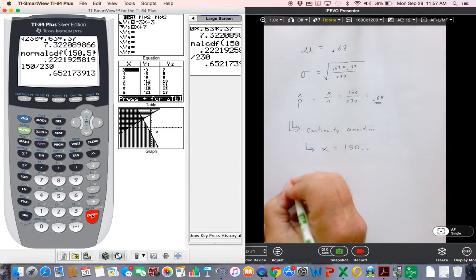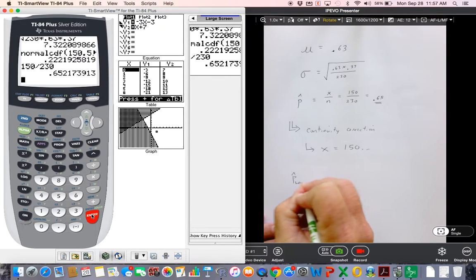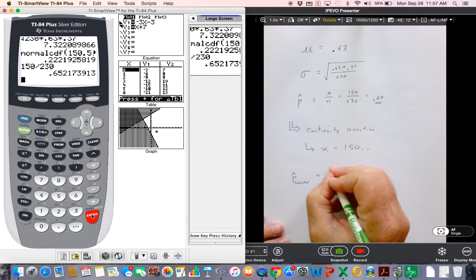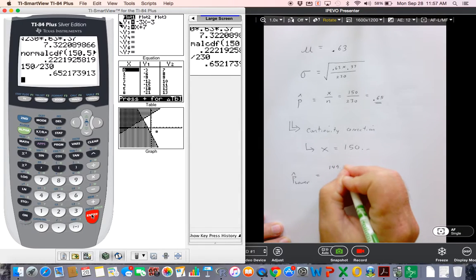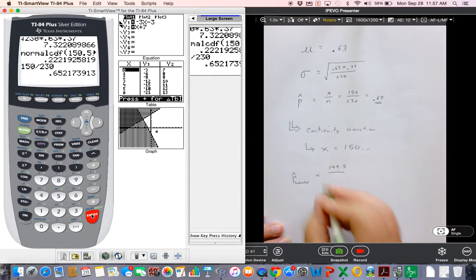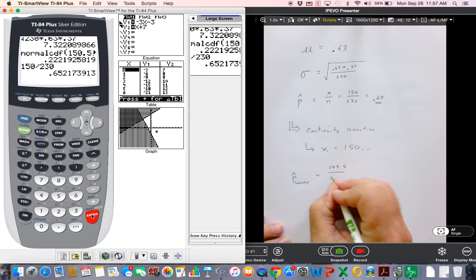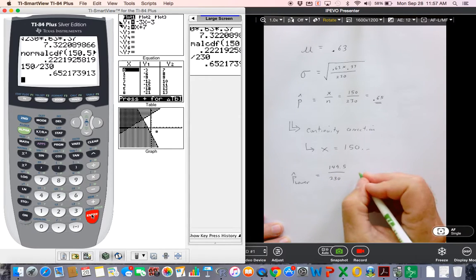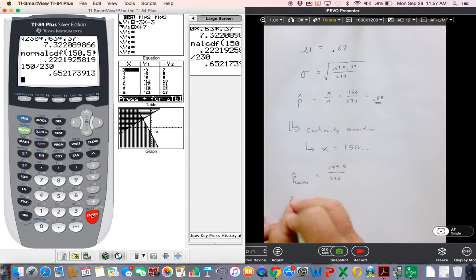So we have a p hat lower, which is 149.5 out of 230. And we have a p hat higher, which adds the 0.5 as we talked about earlier, out of the 230.